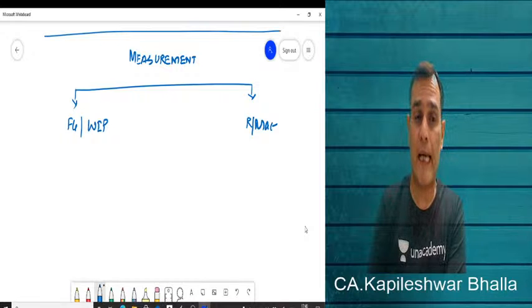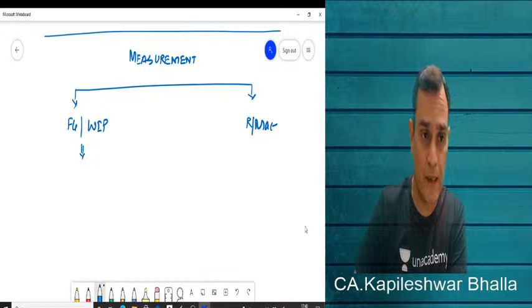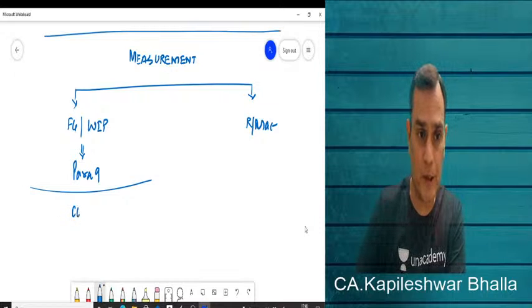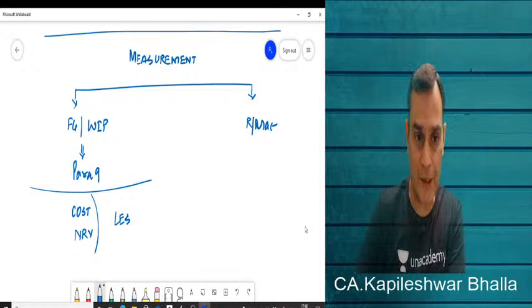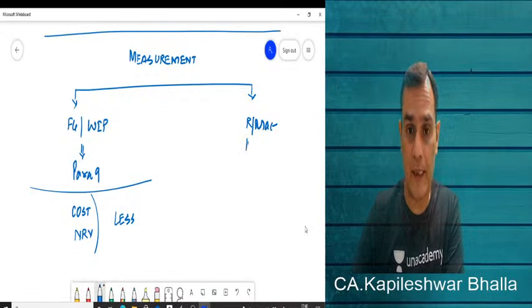So if you're looking at measurement of FG or WIP, then we are applying para number 9. Para number 9 is very clear that you need to measure the inventory at cost or net realizable value, whichever is less. And when you're looking at raw material, then we are applying the concept of para number 32.